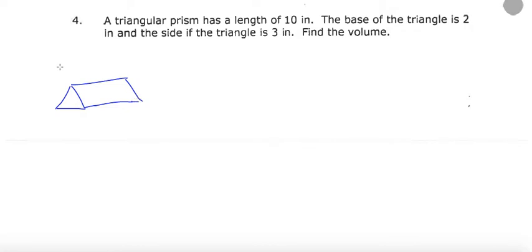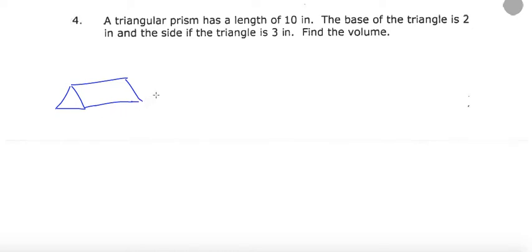So you'll notice that if we look at this question, if we use 10 as the length here, then we don't have enough information to find the height of our prism.